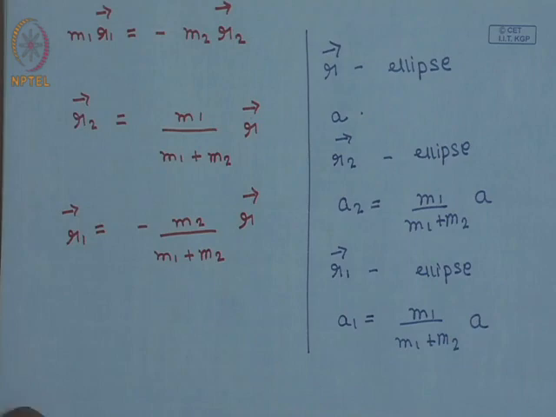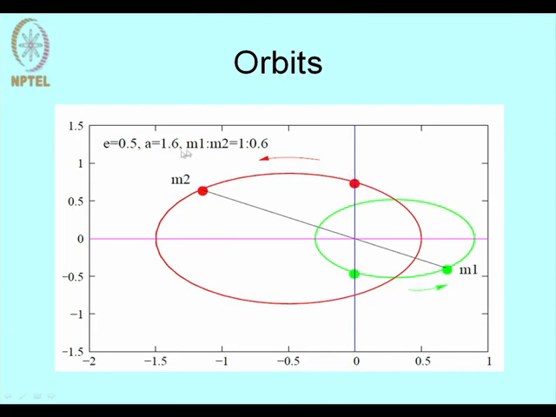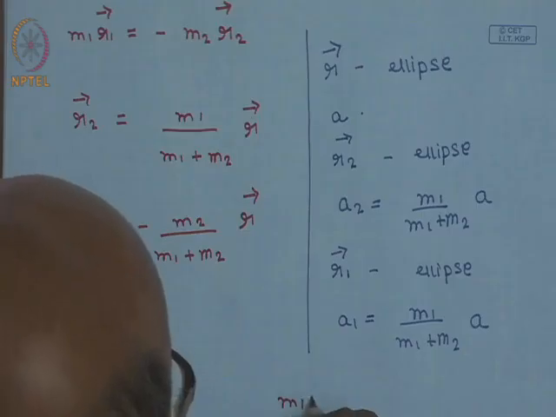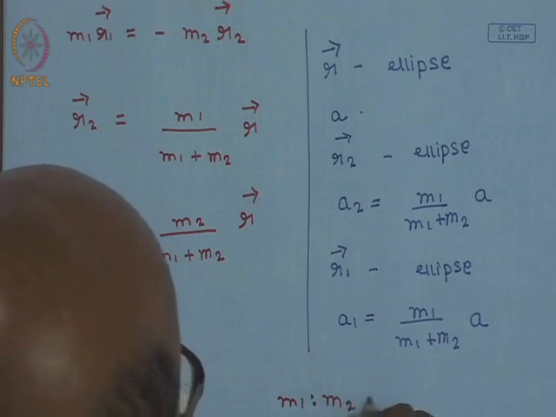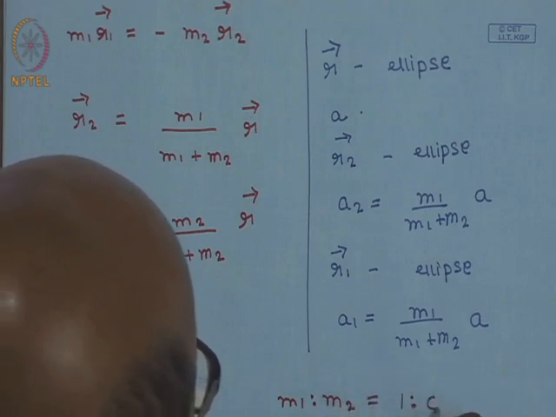So, let me now show you an example of what the orbit looks like. This picture on the computer screen shows you the motion of two objects which are moving in each other's gravitational field. We are considering a particular situation where m1 is to m2 is equal to 1 is to 0.6.